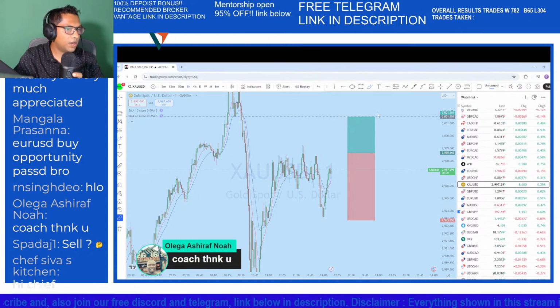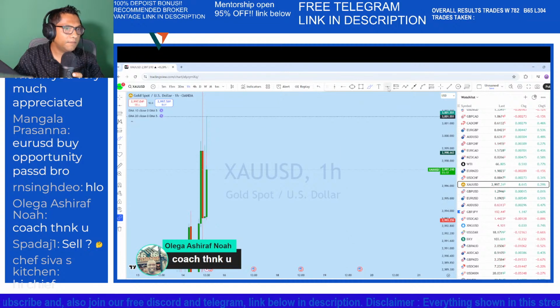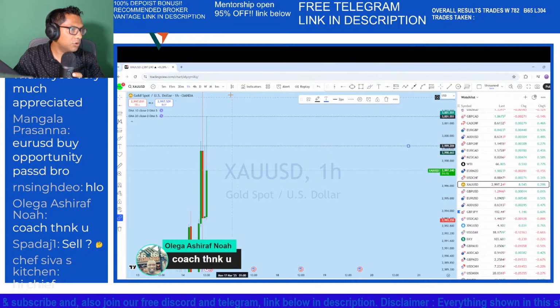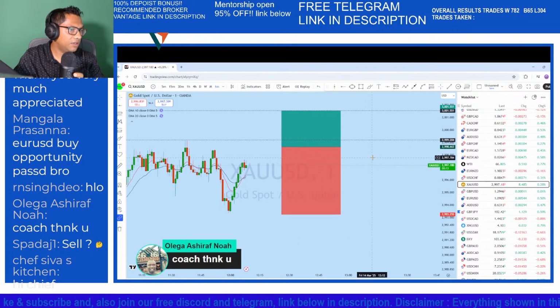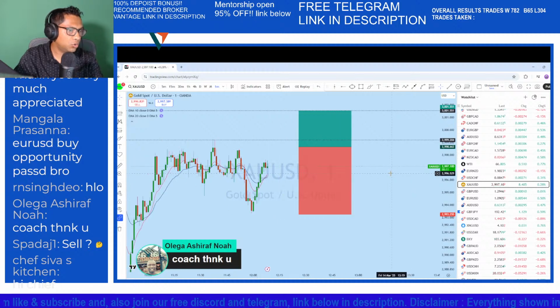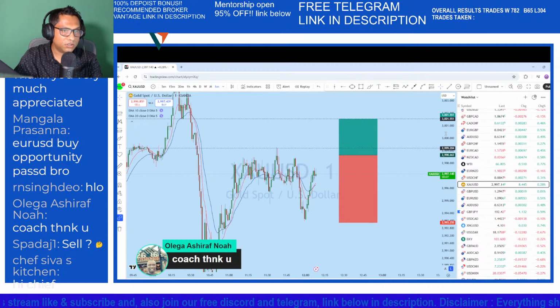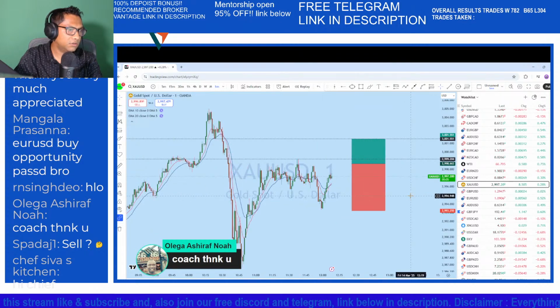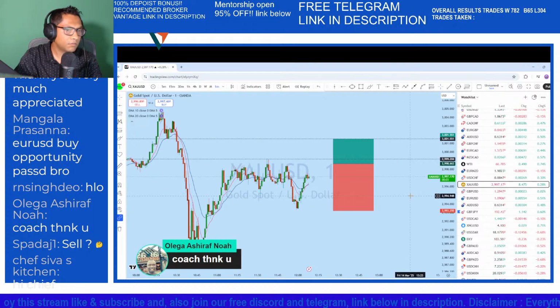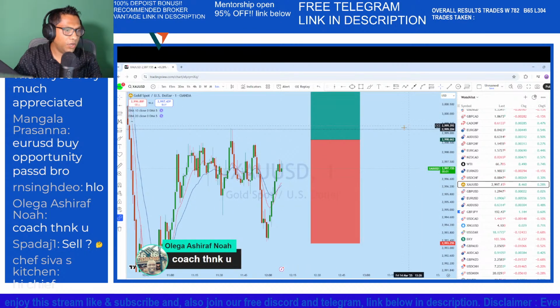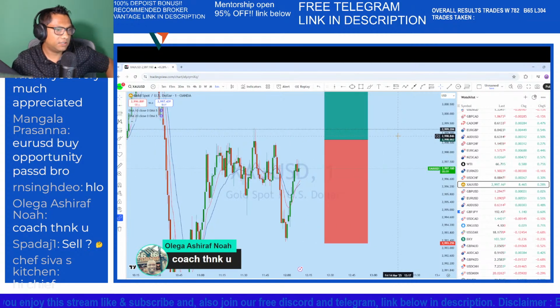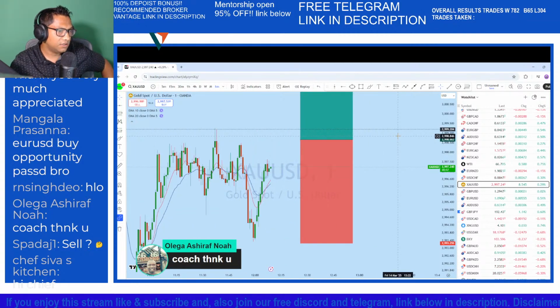The previous 1 hour support is here. You can see this is the previous 1 hour support, and if it really shows that momentum, we could see it going back to the 3001 level on that zone, and we're waiting to see it show its hand.